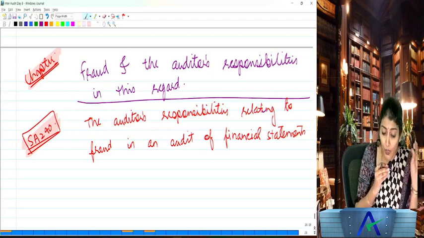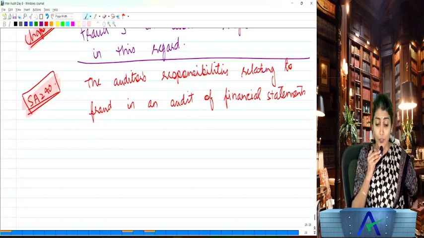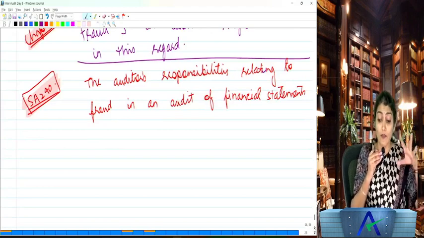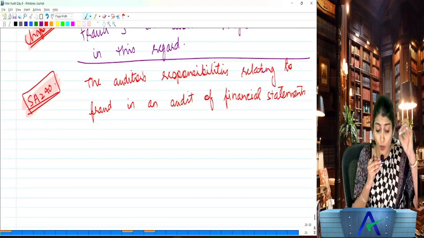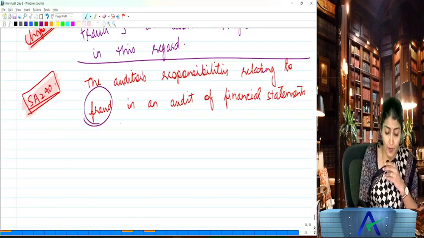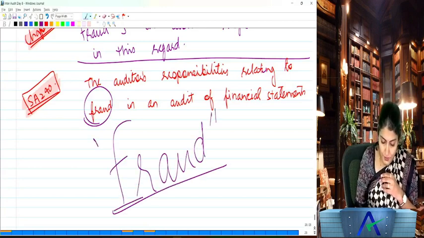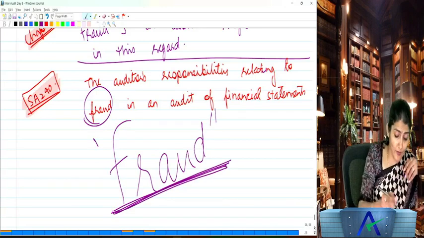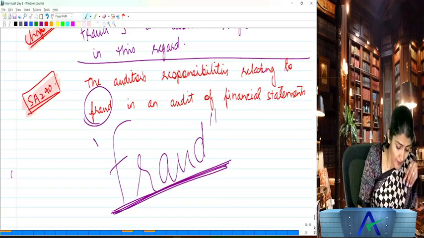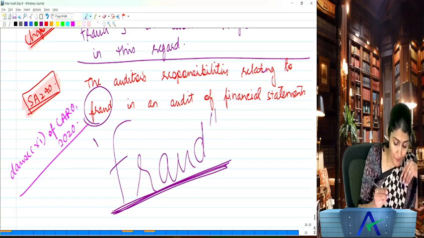Fraud and the auditor's responsibility in this regard. We discussed SA 240, the auditor's responsibilities relating to fraud in an audit of the financial statements. It is an exclusive standard talking about the responsibilities of the auditor in relation to fraud. We already had a reference regarding fraud in clause 11 of the CARO: any fraud on the company or by the company by its officers noticed or reported during the year.